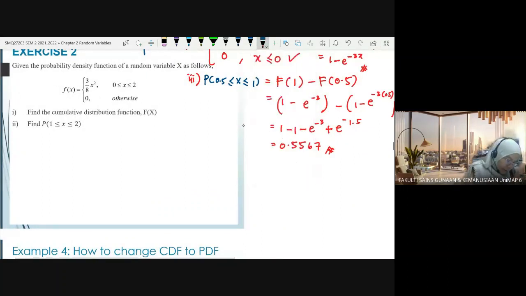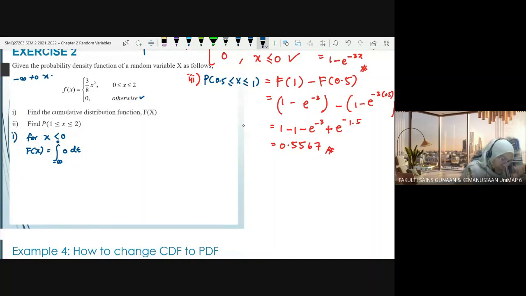Let me change the pen. Okay. To find the cumulative distribution function, it would be from negative infinity to x. So first, for x less than 0, you will get Fx equal to the integral of 0 dt from negative infinity to 0.